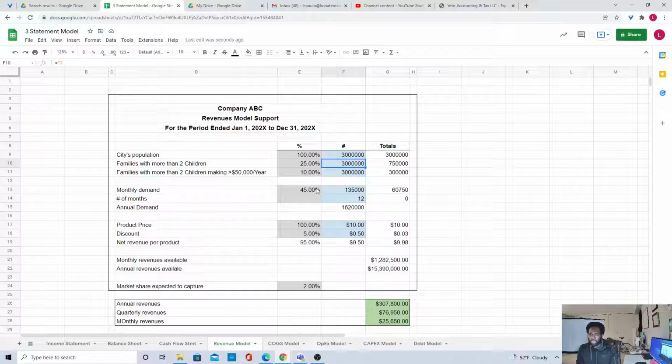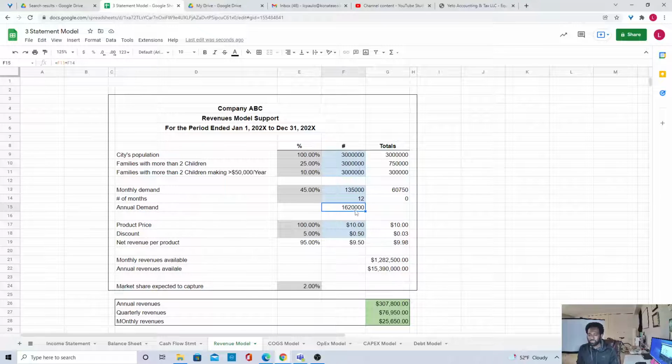When I make this assumption, I'm saying I have 12 months, and each month there will be in the overall market about 135,000 demand of toys. I'm saying 45% of that is going to be the demand.